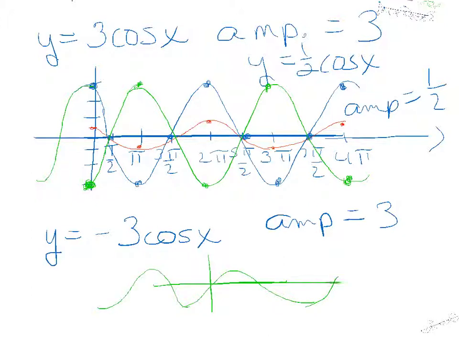So where's your symmetry? To the origin. Your sine is an odd function which is symmetrical with respect to the origin. Notice here it looks like this. And you could probably see that better if you type it in your calculator, that you have symmetry with respect to the origin.